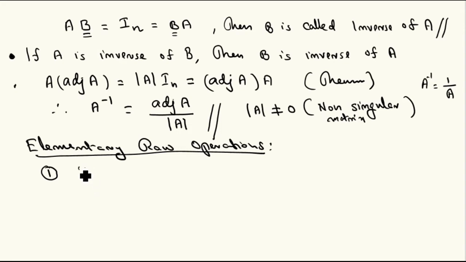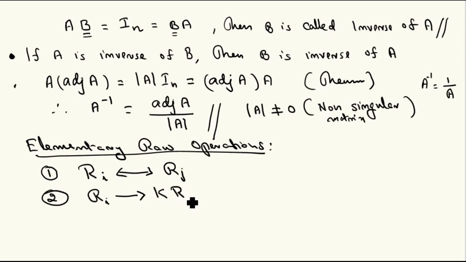One is any row can be interchanged with another row. Second property is any row you can multiply with some constant, Ri equals K into Ri.